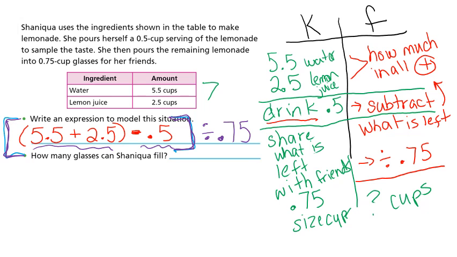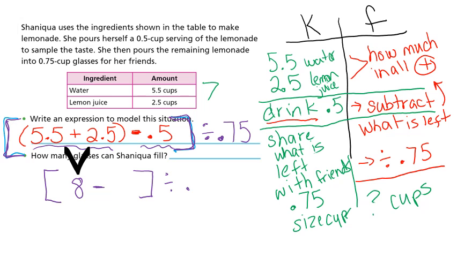So basically what I'm going to do here is go ahead. I know 5 5/10 plus 2 5/10 is going to give me 8. Okay, good. I did that. 8 minus, and remember, I've still got my brackets.